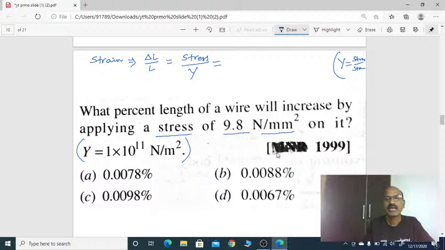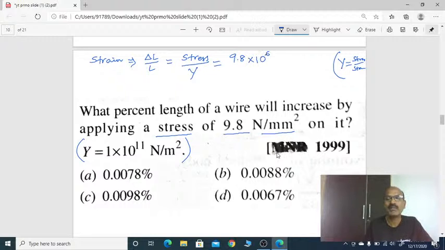9.8, but see that it is Newton per millimeter square. How can you convert millimeter square into meter square? Millimeter into meter, divide by 1000, but for millimeter square into meter square it is 10 power minus 6, which you bring up to get 10 power 6.